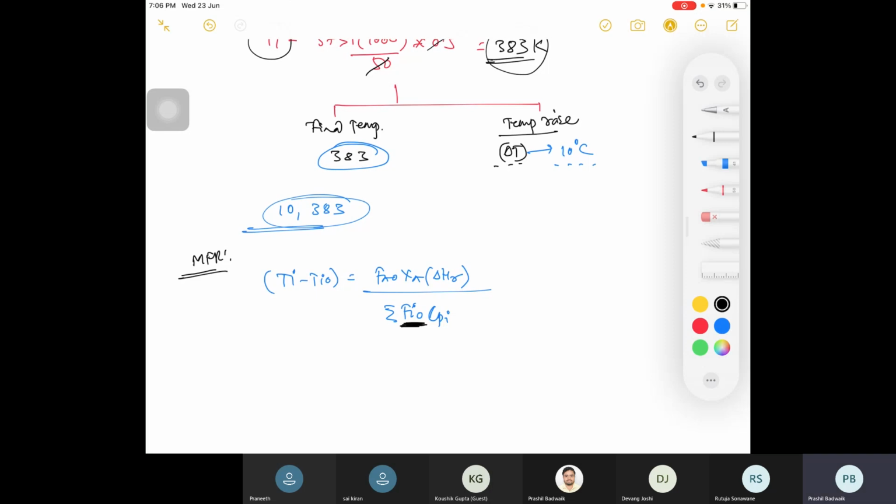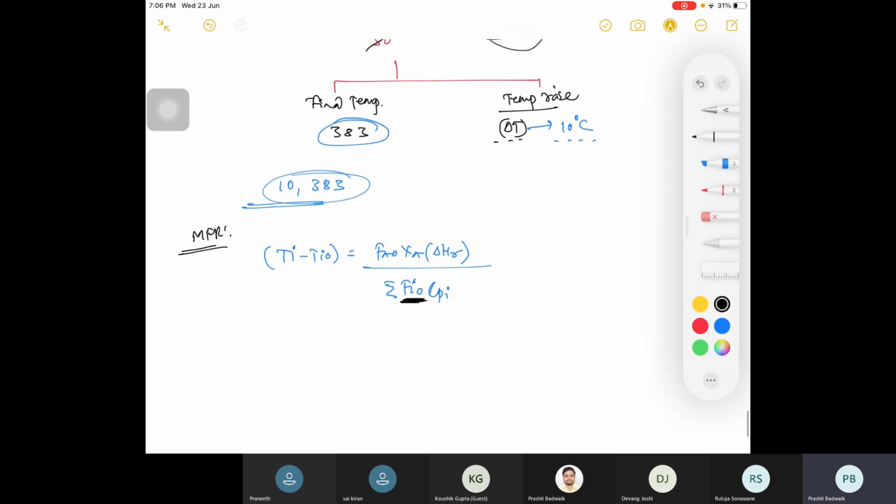Okay, so you can arrange this in terms of XA. So XA is equal to क्या हो जाएगा? So it is summation minus delta HR में. I am writing Ti minus Ti naught. Okay, it is minus then. Yeah, Ti minus Ti naught, then it is minus.